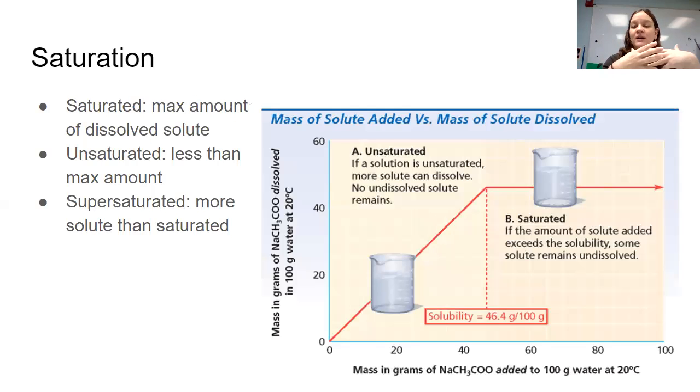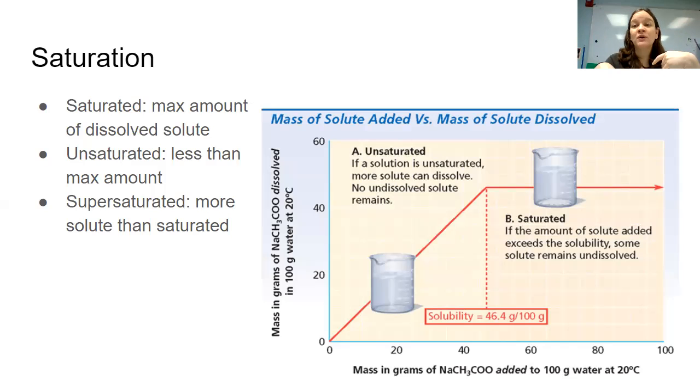So we can describe this in terms of saturation. If I have a saturated solution, I have dissolved all that I possibly can at that temperature, at least. And so I can't dissolve any more. If I try to dissolve any more, it just settles to the bottom. In particular, we would be looking at dissolving salt into water, that's our common example.